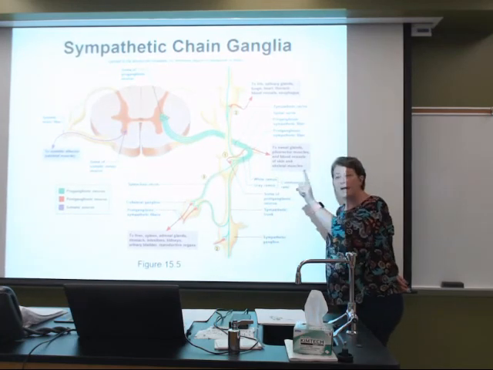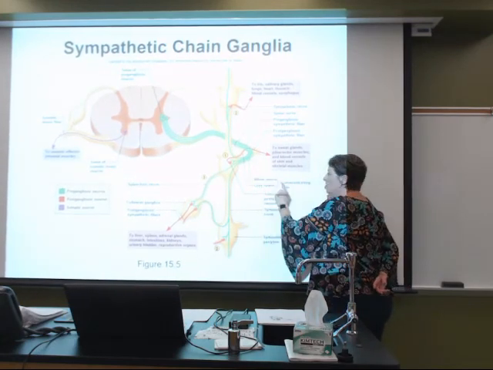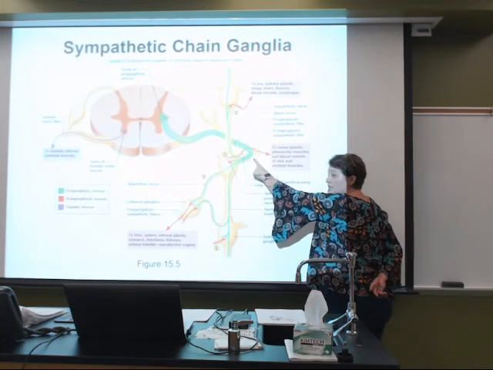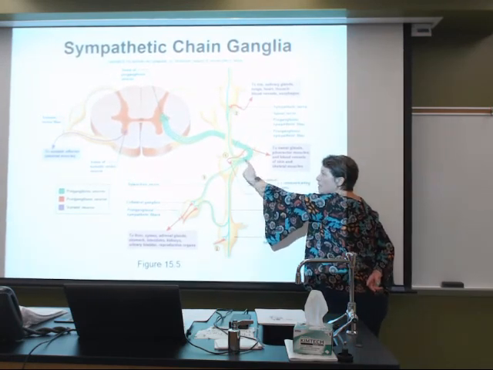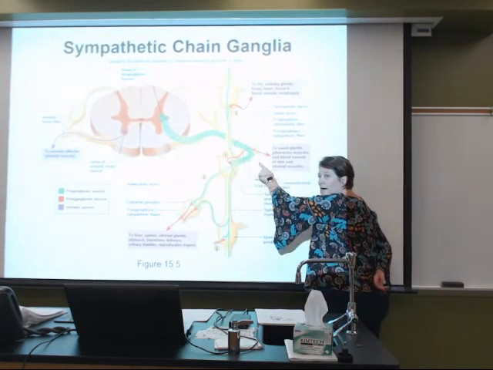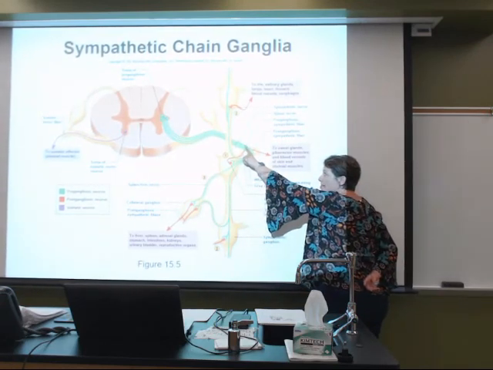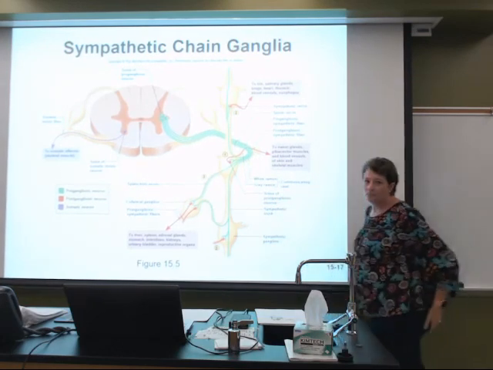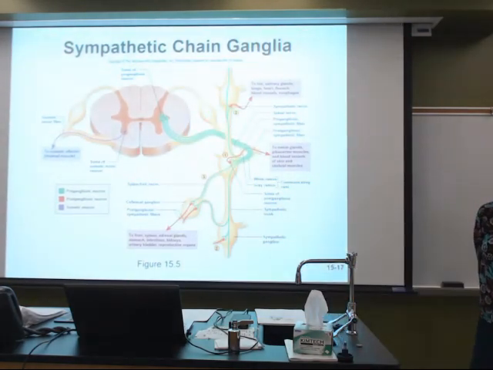I said rami is a projection. We got to work by way of communication. So these fibers make their way to the rami, and as they exit with the spinal nerve, they turn. Does everybody see that? Yes. Okay.